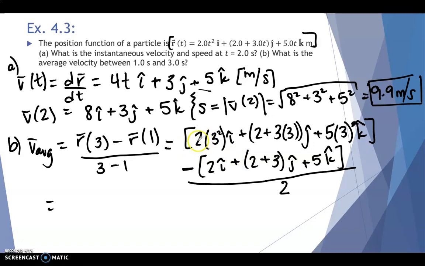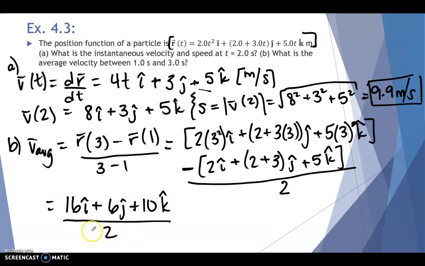So we have 2 times 3 squared, or 18, minus 2, which is going to be 16 i hat, plus 3 times 3, which is 9, plus 2. Okay, so that's going to be 11, minus 5, I'm sorry, 11 minus 5, so that's 6 j hat. 5 times 3 is 15, minus 5 is going to be 10 k hat, and that is divided by 2.